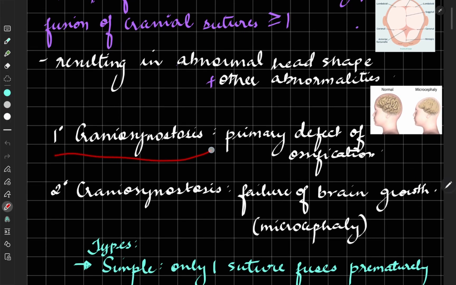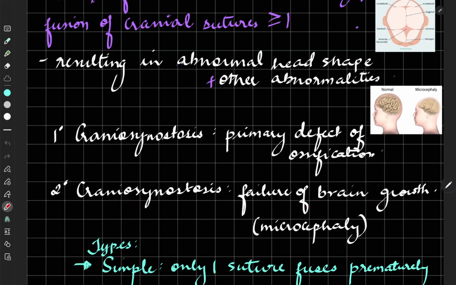So primary craniosynostosis is what? It is a primary defect of ossification. As I told you, the sutures are fused earlier than they should be. So there will be a primary defect of ossification. And secondary craniosynostosis is failure of brain growth.